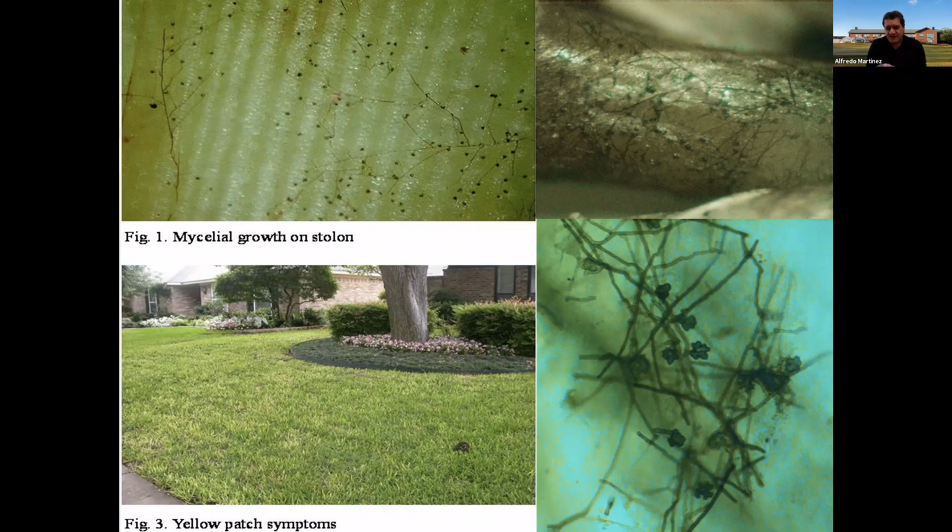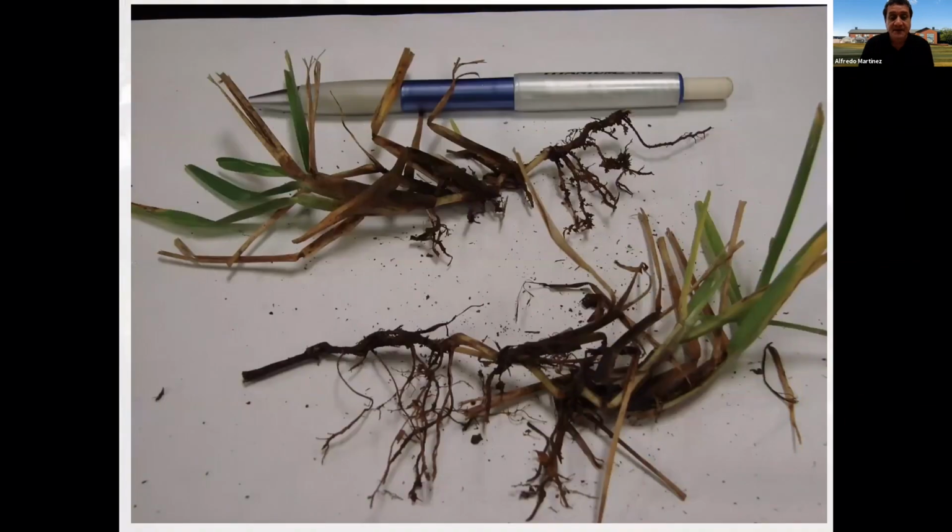They see that, and right there, nothing produces this kind of destruction but Gaeumannomyces, which is the causal agent of take-all, and some others like spring dead spot. Very, very dark stolons and roots. This is what it looks like, and there's only yellowing on the top.